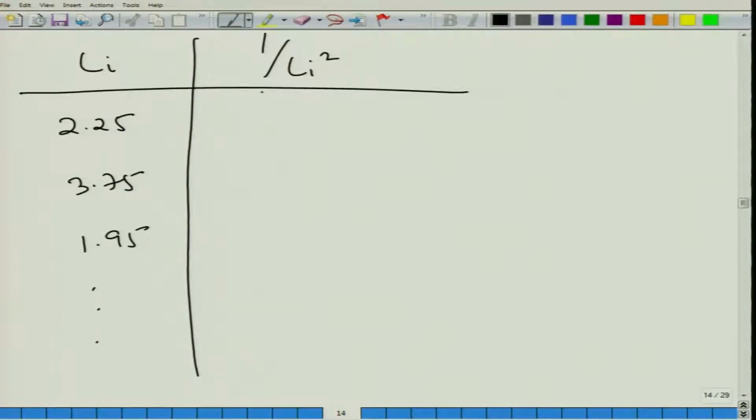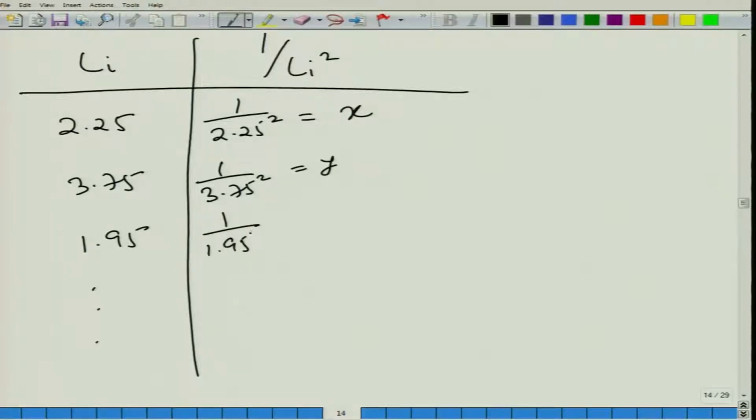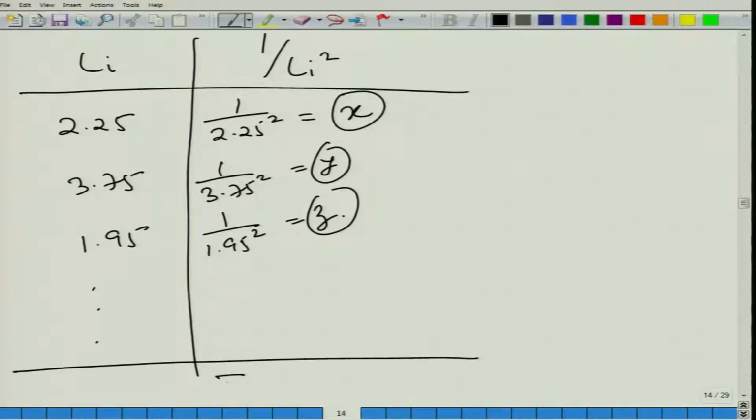Now, 1 over Li square is 1 over 2.25 square, we will get a value, say it is x. Here we have 1 over 3.75 square, let us call it y. Here we have 1 over 1.95 square, let us call it z. And then once we have calculated all these values x, y, z and so on, we will calculate the sum of 1 over Li square, which is given by the sum of these values.